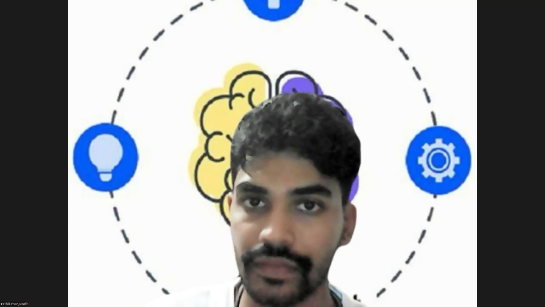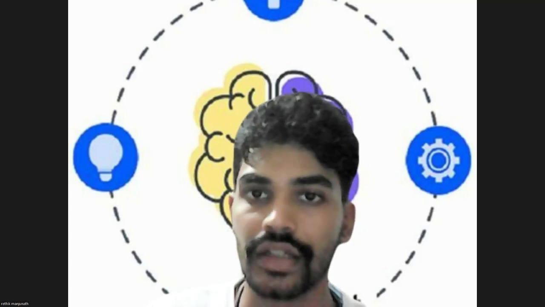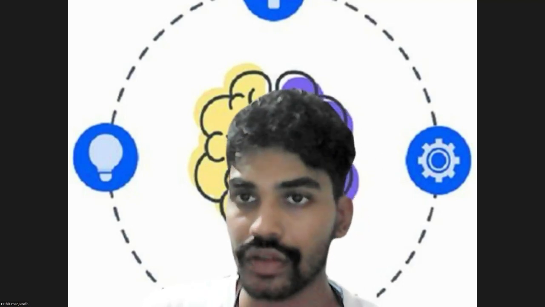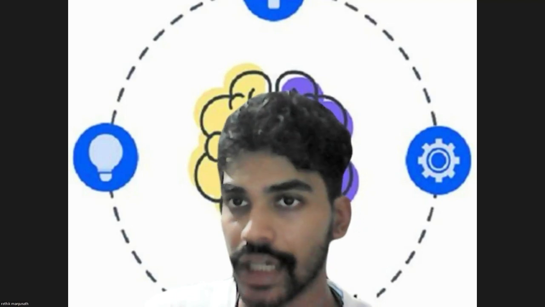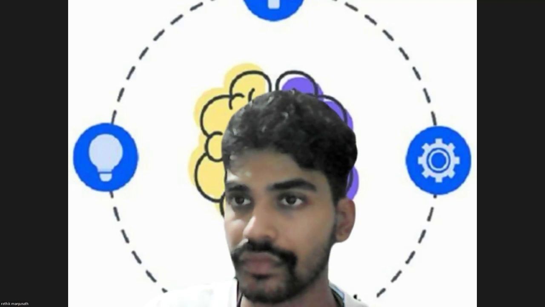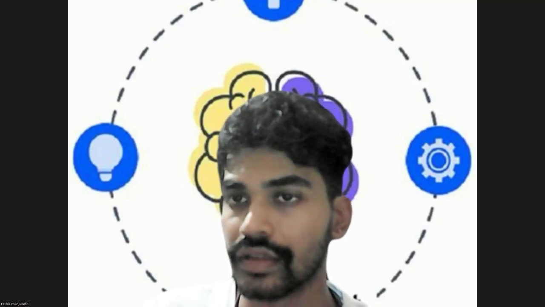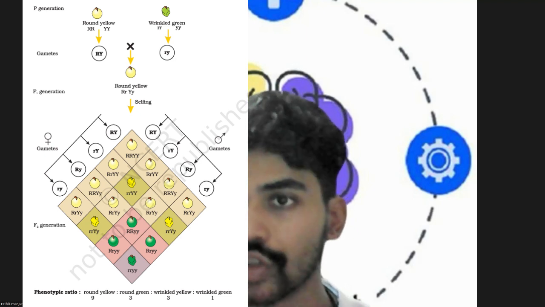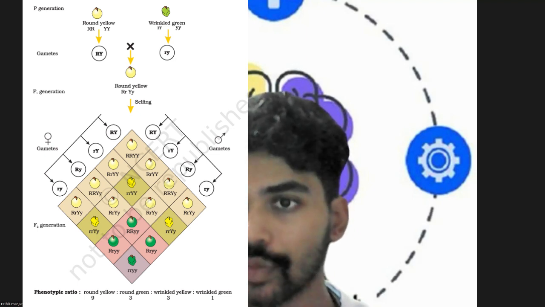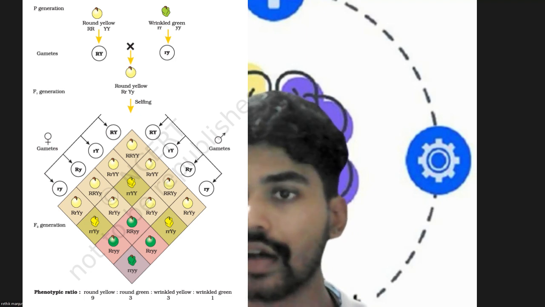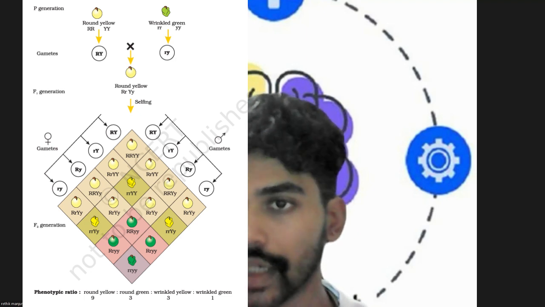Yes, it is correct. Where it is R and Y. Got it? So no confusion. You'll have totally four gametes here. So capital R, small y, then small r, capital Y, then, okay, this is small y, right?